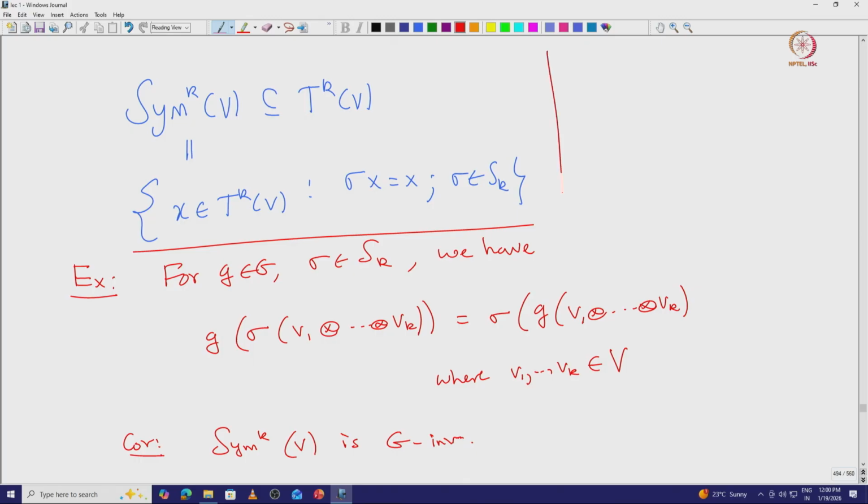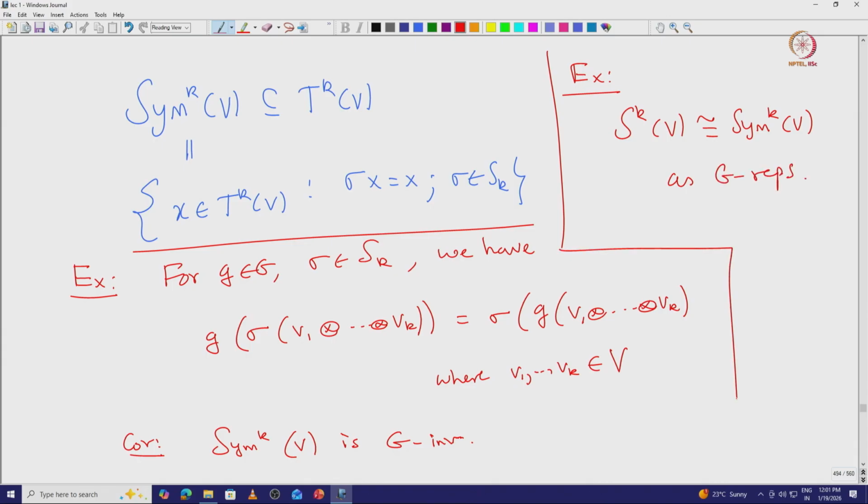Now, we already have the isomorphism between S^k(V) and Sym^k(V), and it is again an easy exercise to prove that these two are indeed isomorphic as G representations. That is not very difficult to prove.